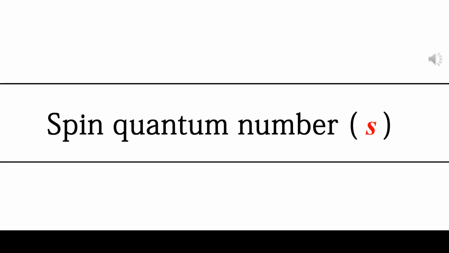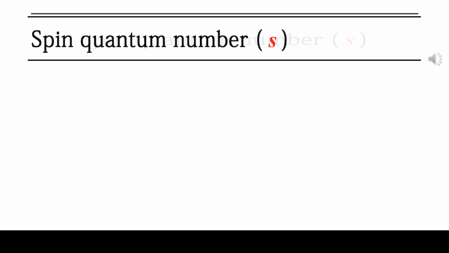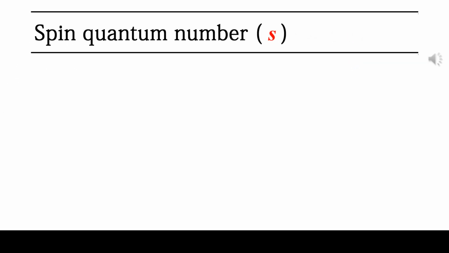The next important quantum number is the spin quantum number. Because in the magnetic quantum number, there are two electrons in one magnetic energy level. That means a magnetic energy level contains only two electrons.